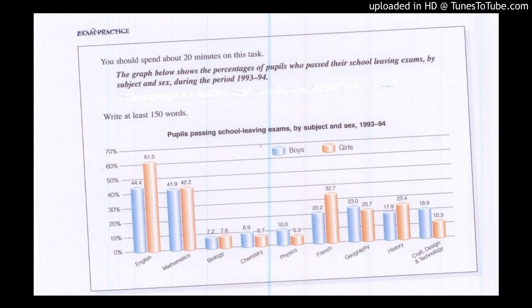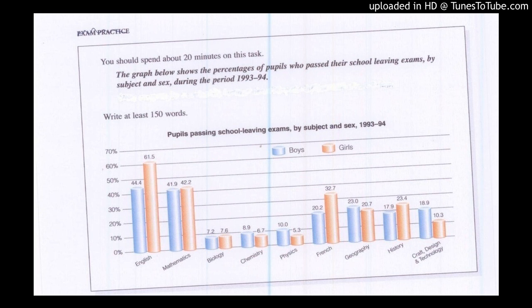Now, the student is going to talk about the differences between subjects in paragraph 3. He has talked about the differences between boys and girls in paragraph 2, but has not mentioned anything about the overall pass rate.